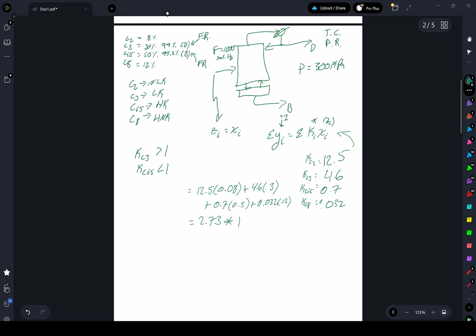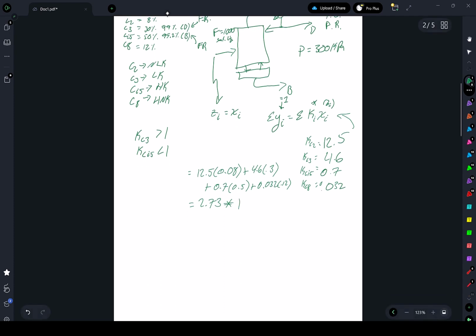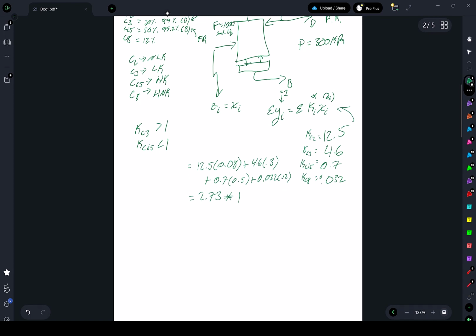So we need to guess a new temperature. There is somewhat of an optimization formula, I use that term loosely, that you can use to give you a new guess temperature. Your new guess is going to be the K value of your reference, which in this case we chose our light key to be, over our summation value, the sum of KiXi.